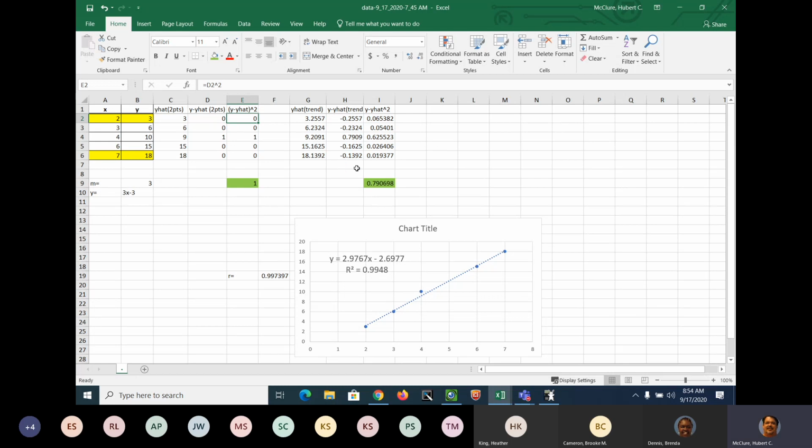And then what are you supposed to do with that formula? You're supposed to add them all up. And that's what I did there. And I got 1. And then over here, I got 0.790698.